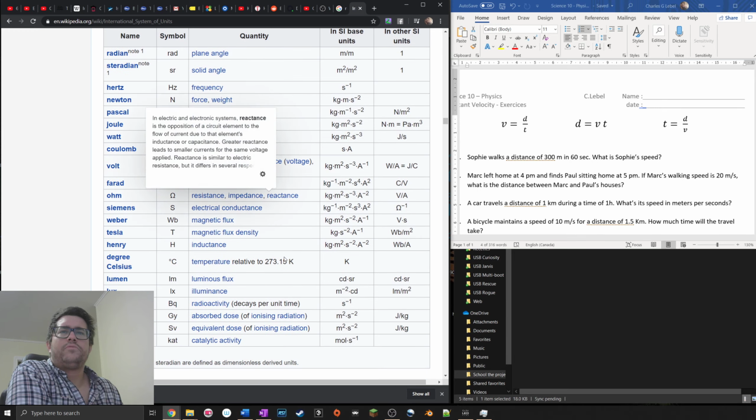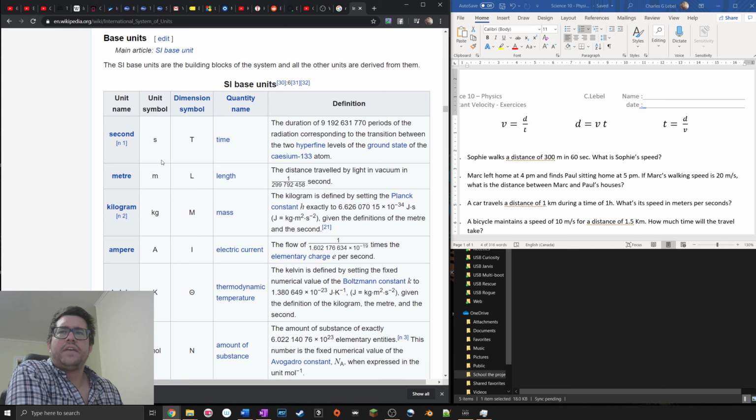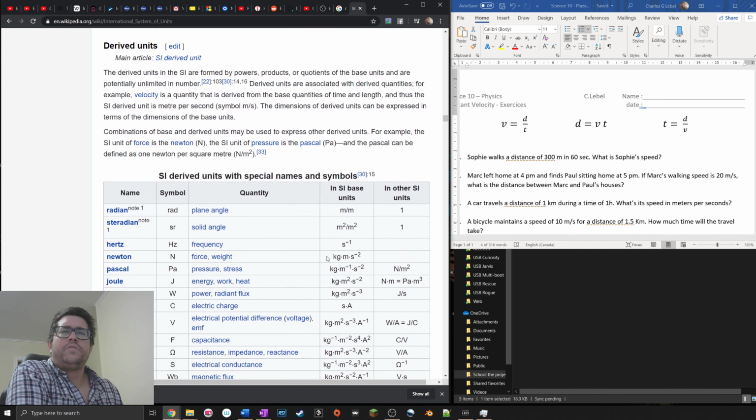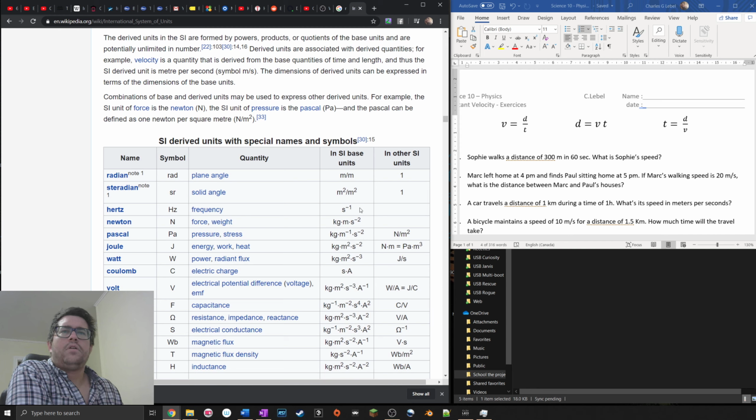What are those? If these are the base units, seconds, meter, kilogram, amps, Kelvin, what are these? So these are also units, like a Newton is a unit of force. A hertz is a unit of frequency. A joule is a unit of energy. And watts and coulombs and volts, you've heard those before.